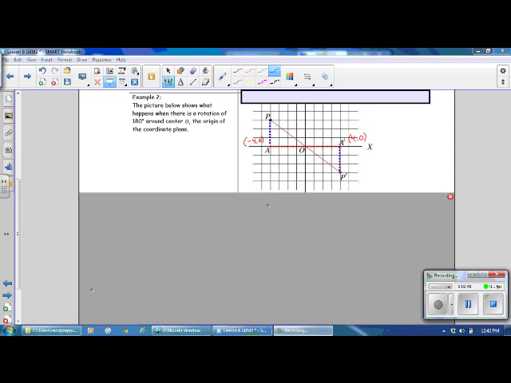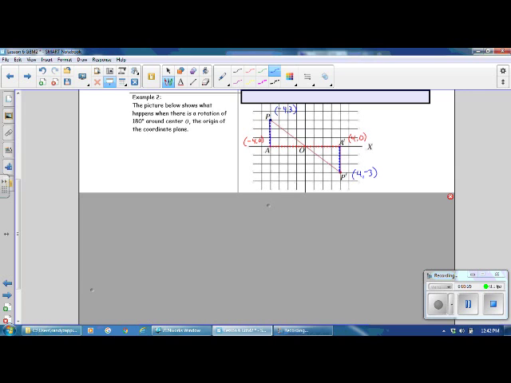This again shows that distance is preserved when rotating. The coordinates for point P are (-4, 3). Then the coordinates for P prime are (4, -3).